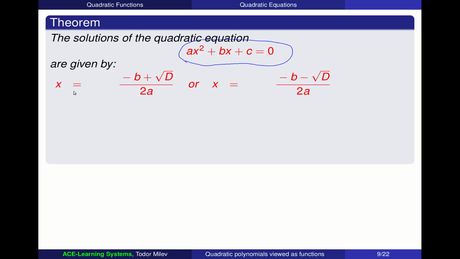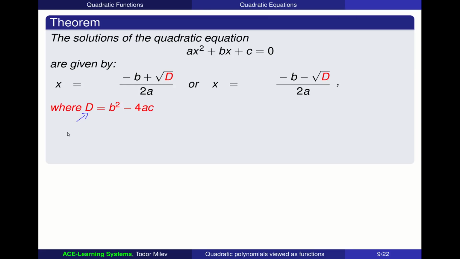And its solutions were given by x equals minus b plus radical of d over 2a, or x equals minus b minus radical of d over 2a. Just a reminder that the magical d was b squared minus 4ac. So that magical letter d was called the discriminant.